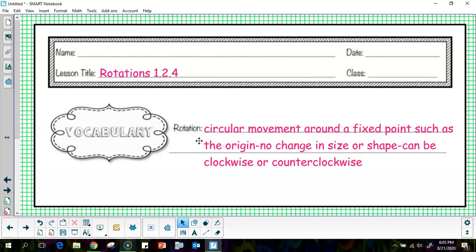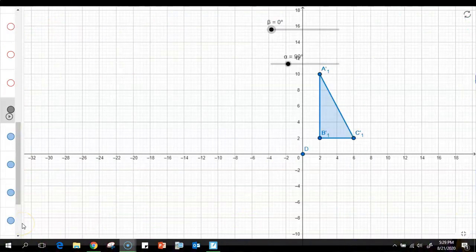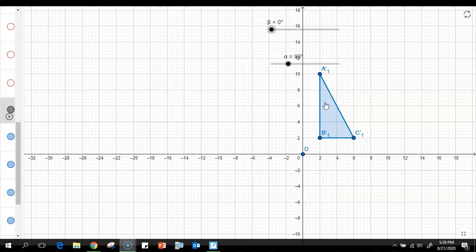I have a simulation that I'm going to show you, and then we'll come back to the notes. So I'm going to simulate this blue triangle rotating all the way around 360 degrees and then back to 0. It's at 0 right now, and it's going to rotate counterclockwise, and when it gets back to where it was, that would be 360 degrees because it's all the way around, and then it's going to rotate back clockwise back to 0.